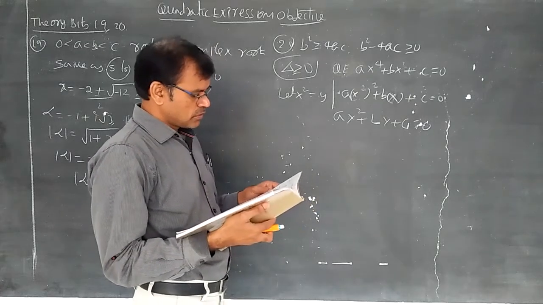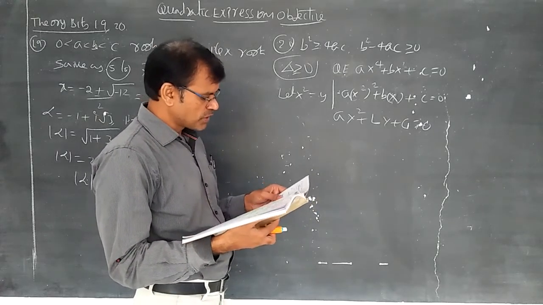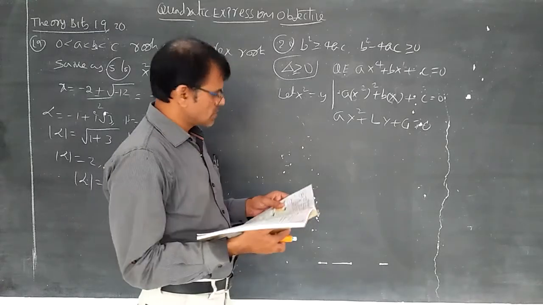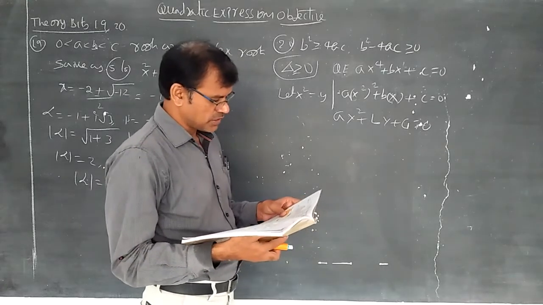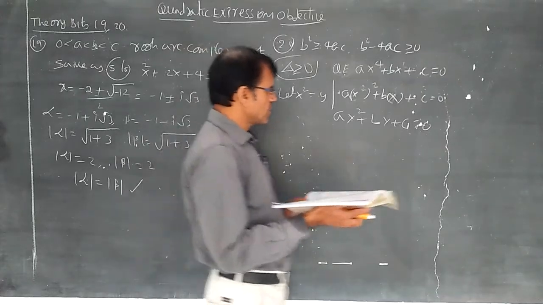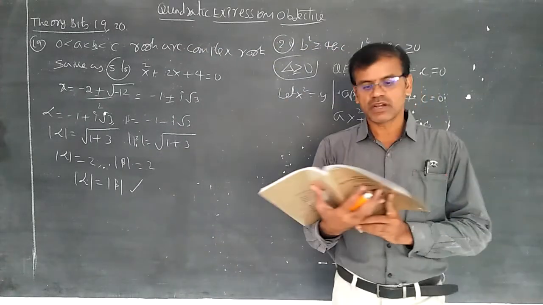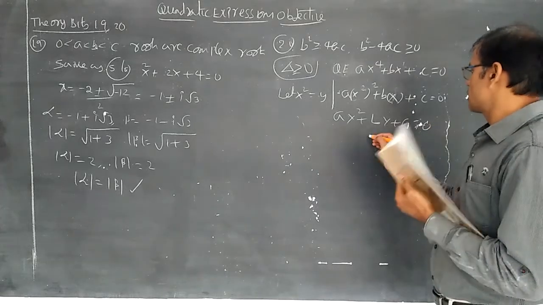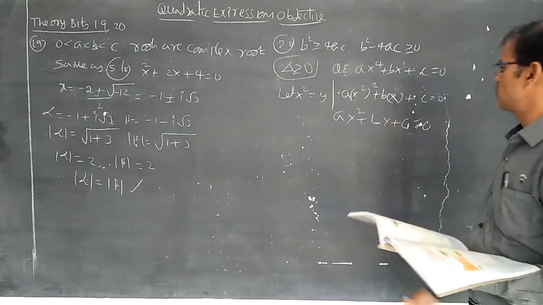Then all roots of the equation will be real according to the options. He is asking what is less than 0, what is greater than 0, like that. For ay square plus by plus c equal to 0, if delta greater than or equal to 0, here x square is equal to y we have taken.